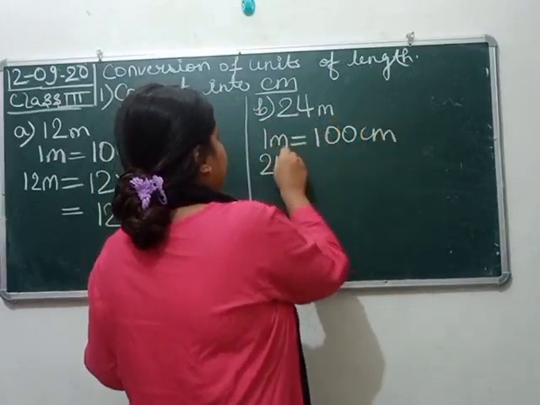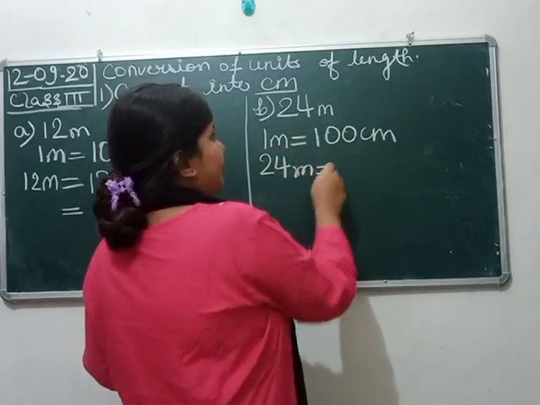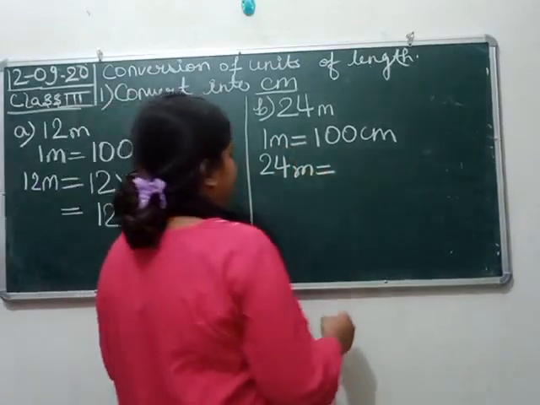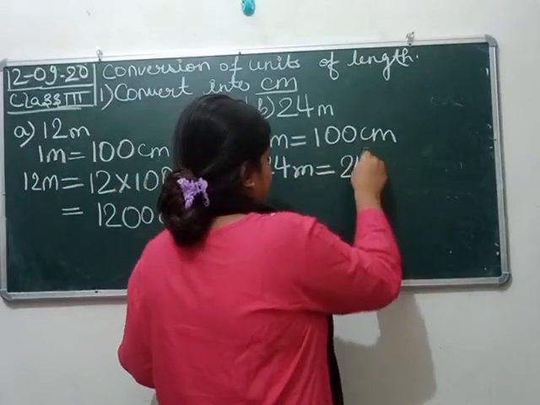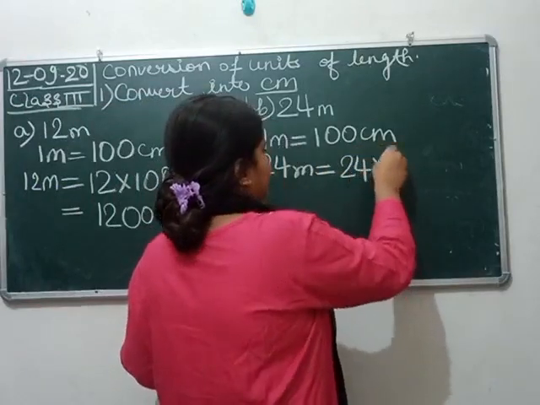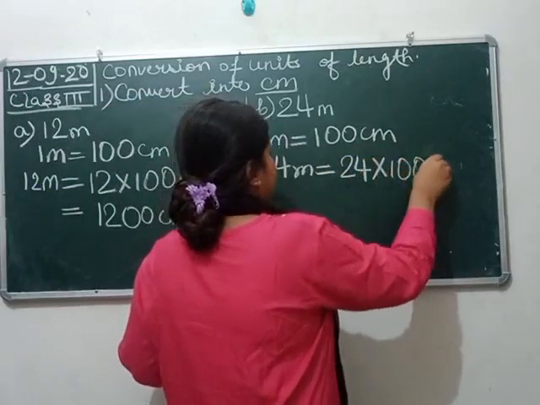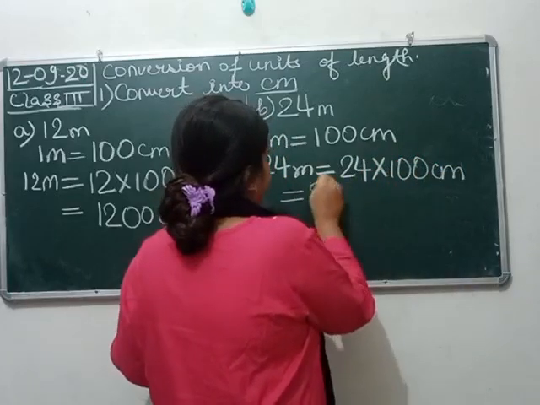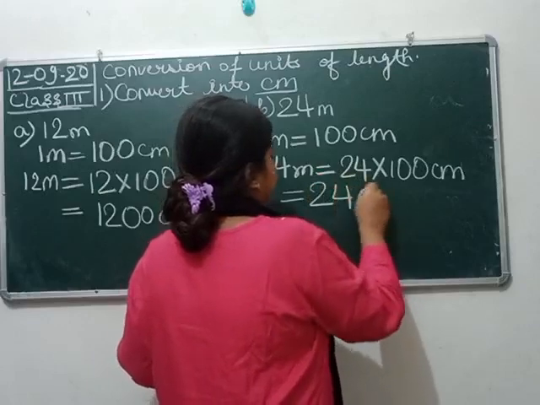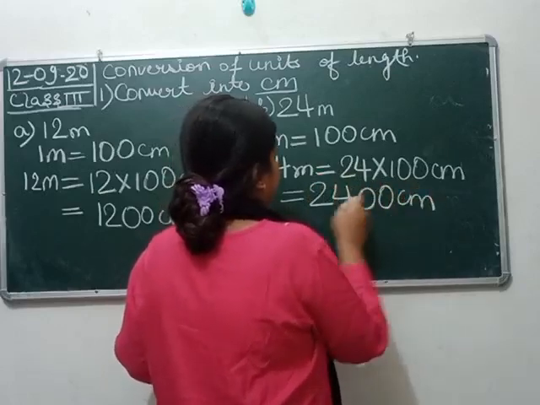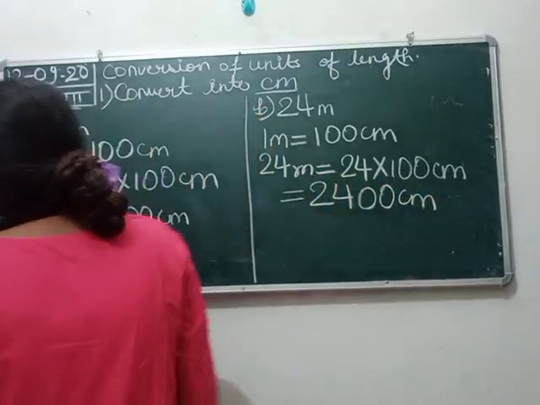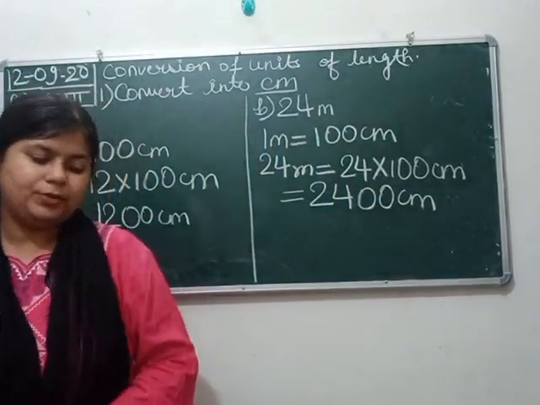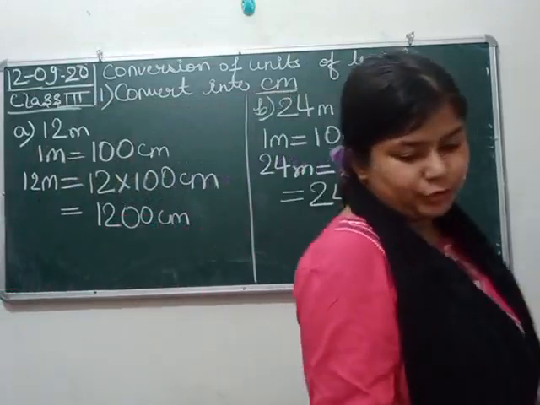Then 24 meter is equal to 24 into 100 centimeter. 24 into 100 will give us 2400 centimeter. Completed? Okay, come on, note it down. Please note this question.